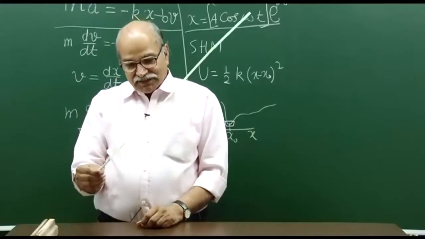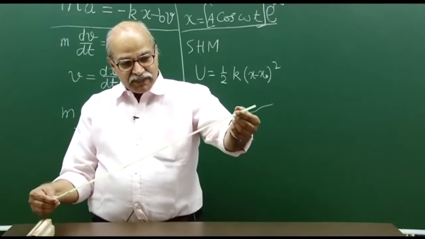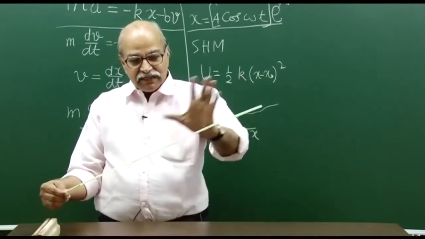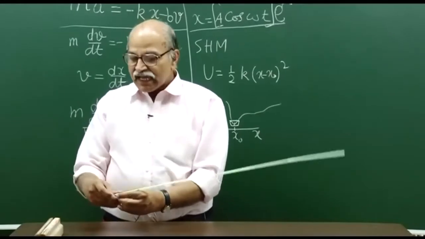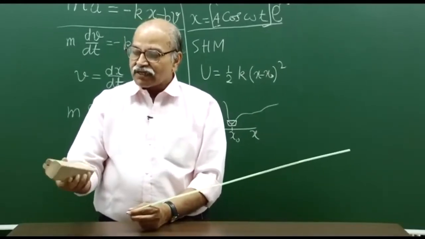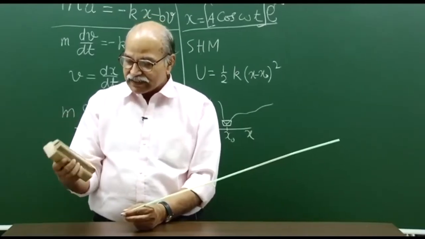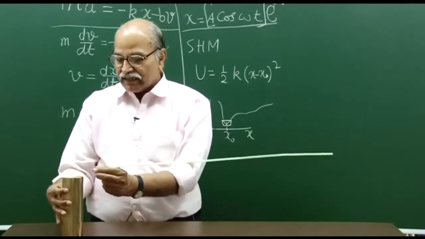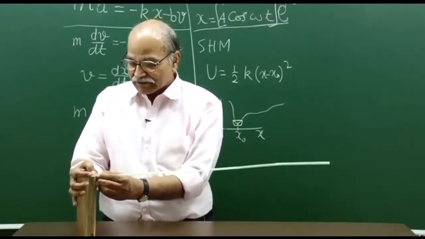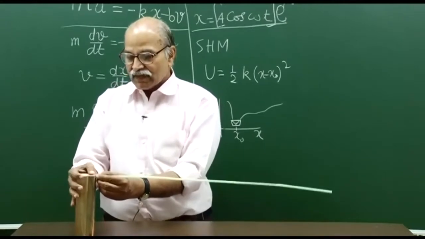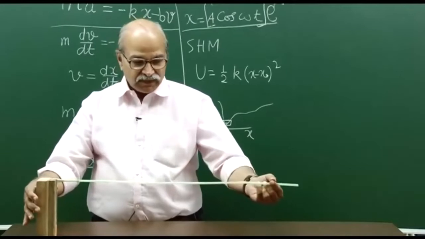I have this long straw with me, which has been made by joining several smaller straws together, and I have this wooden block with a groove, and I push the end of a straw into the groove here. Now, this is an oscillating system.